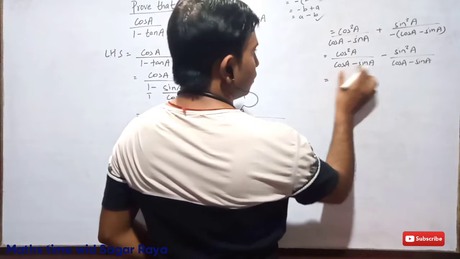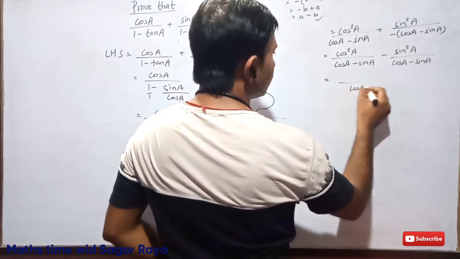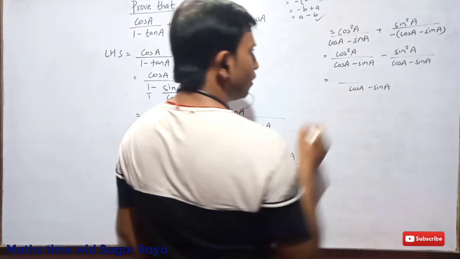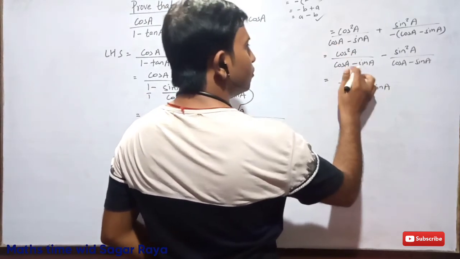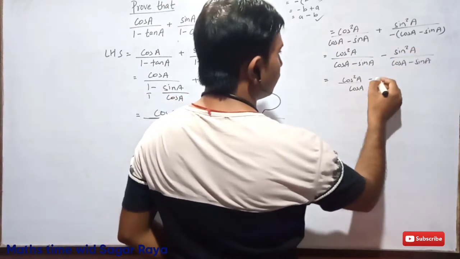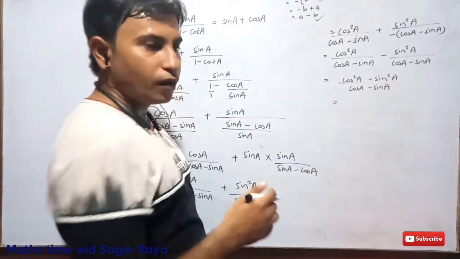Now the denominators are the same, so the common denominator will be cos A minus sin A. If the denominators are the same, just subtract the numerators. So cos square A minus sin square A is here.